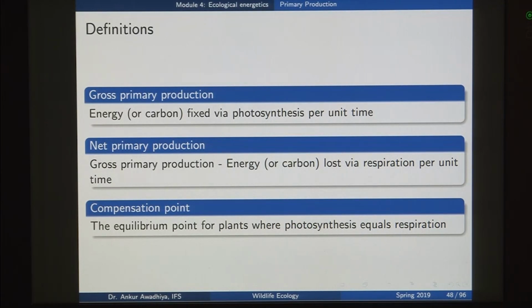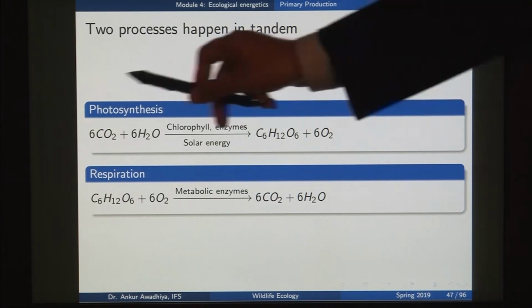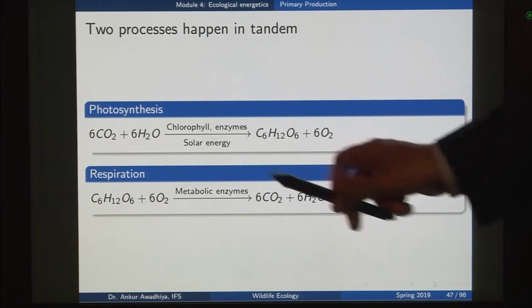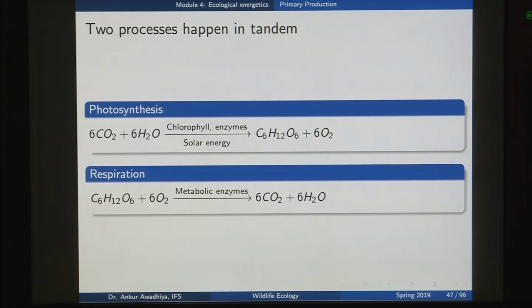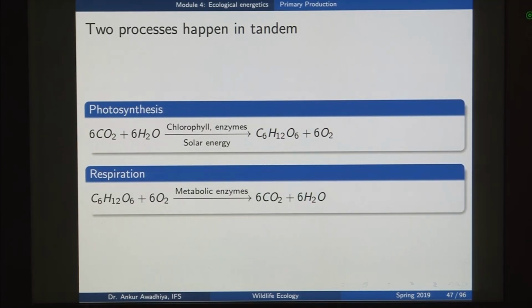Now, as we saw before, there are two reactions happening in tandem. In any plant cell, or in those cells that have chloroplast, we have photosynthesis, and at the same time we also observe respiration in the whole of the plant. So, when we talk about photosynthesis, some amount of carbon is getting fixed, but when we talk about respiration, some of that carbon is again getting released back.